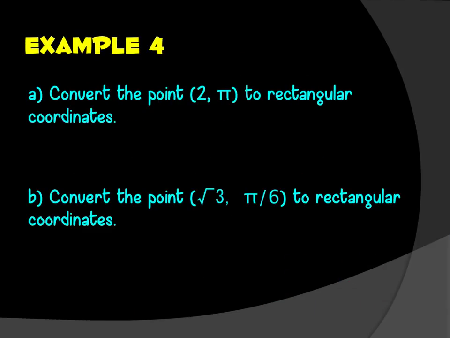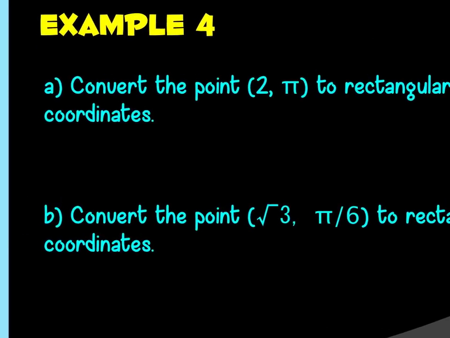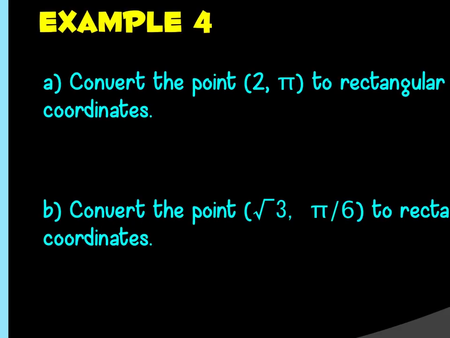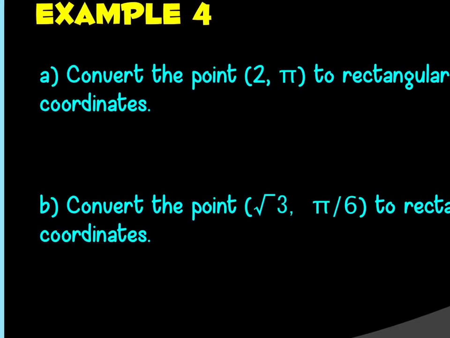All right, convert the point 2, pi to rectangular coordinates. So just like with all the conics, I would say probably try to draw yourself a visual so you can get it in your head what this would look like, because it will help you make sure that your answer's right. So 2, theta means 2, pi means I'm going to the angle where pi is, which is where? On the left-hand side. And I'm going out 2 units.